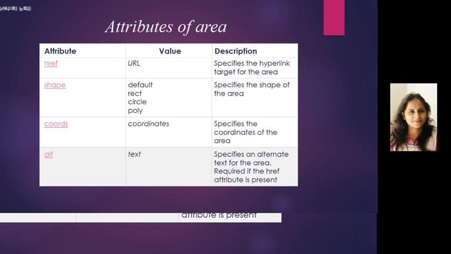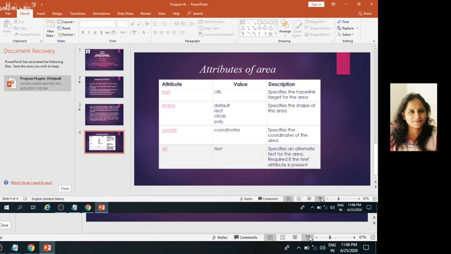And default means the region covers the entire image. No coordinates are required. And the last one is the alt attribute. It specifies extra information about the clickable area. It is the alternative text for the clickable region. Let's see practically how it works.